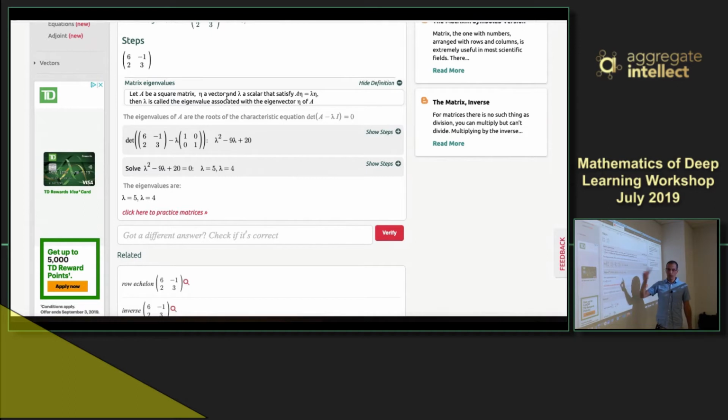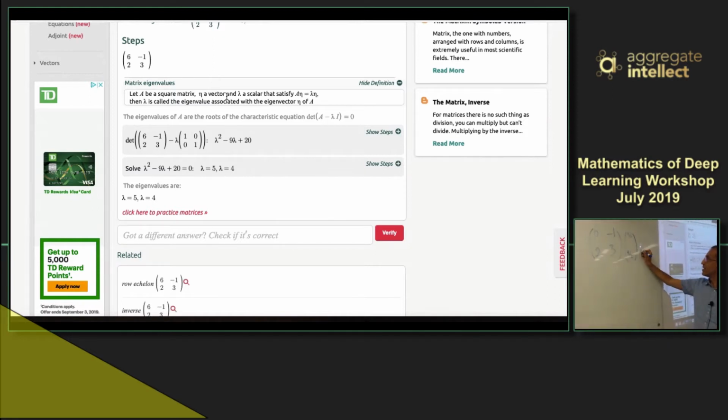The solutions are two eigenvalues, lambda equals 5 and 4, which means I have a vector such that if I multiply my matrix by this vector, it gives me the same vector multiplied by the first eigenvalue, which is 5. Now, what is this vector? I have to solve this equation to find out.